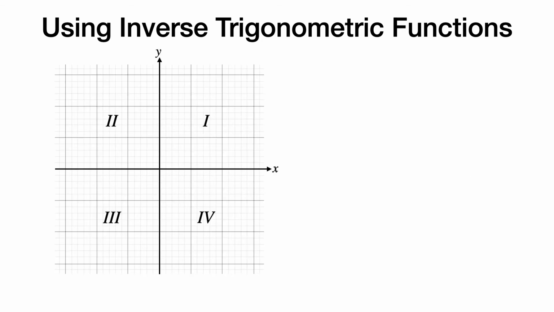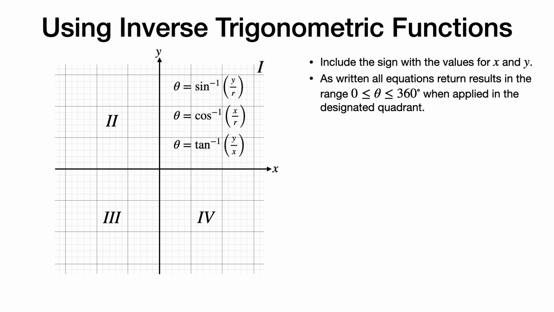So, let's consider first simply plugging in the Cartesian coordinate numbers using the actual values including their signs. In the first quadrant, the x and y coordinates both have positive signs, and the angles returned by the inverse trigonometric functions are in the range 0 to 90 degrees.